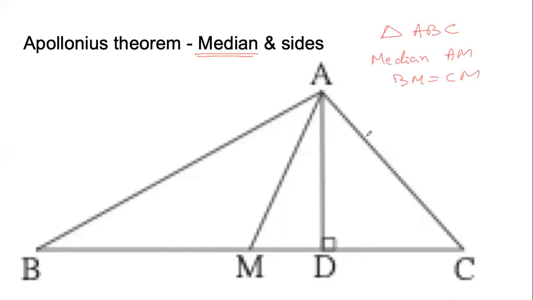Here also, because we have to use Pythagoras theorem, we will draw an altitude which is AD, perpendicular to BC.